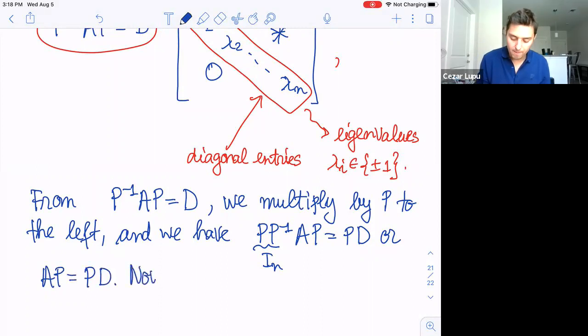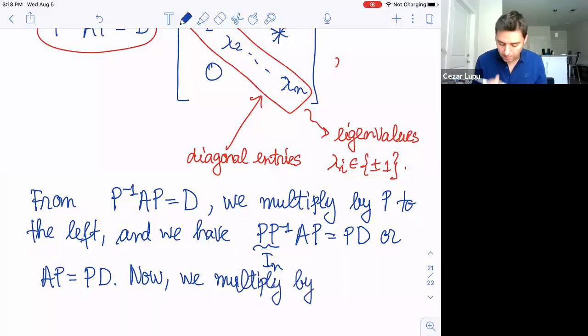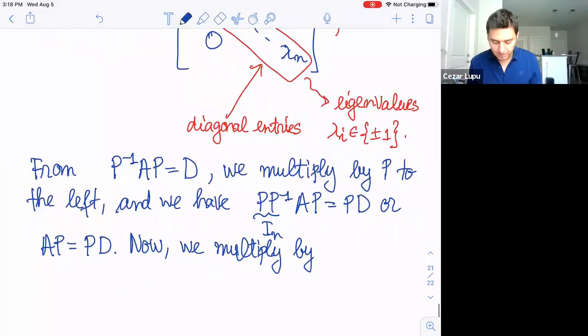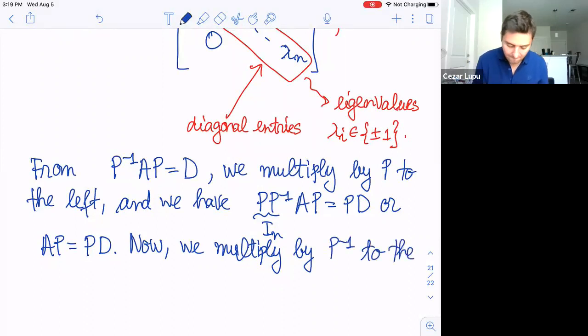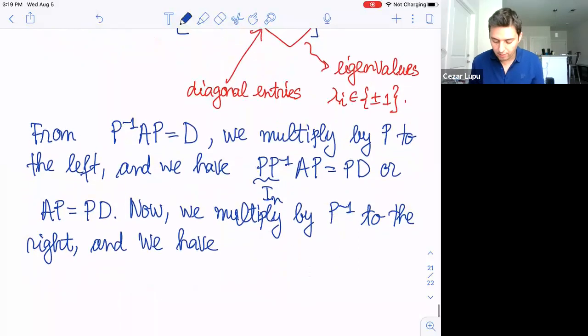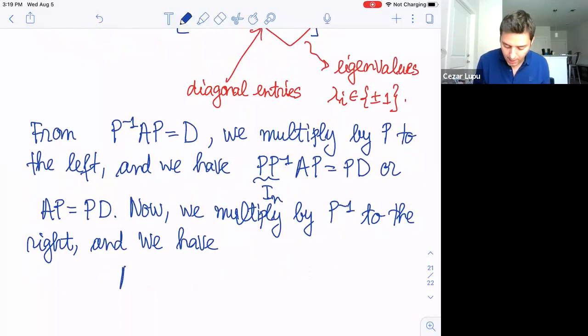Now we multiply by P inverse to the right. And we have AP P inverse equals PD P inverse.